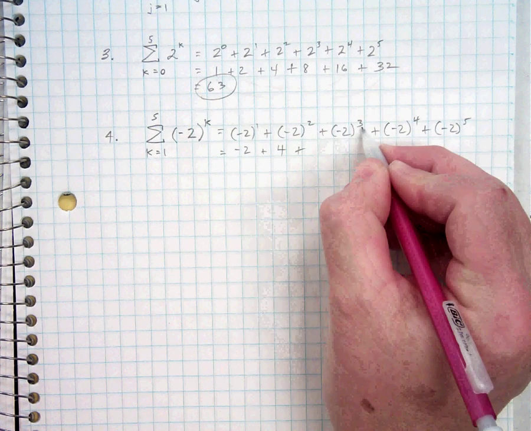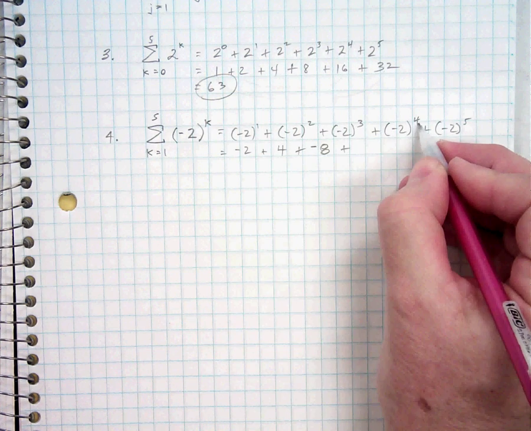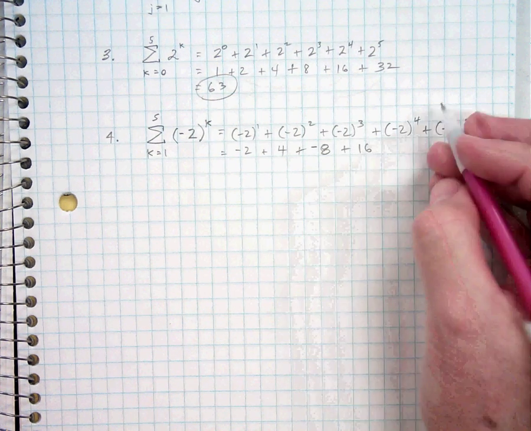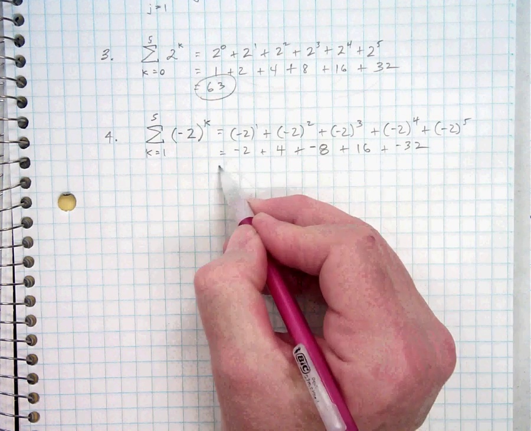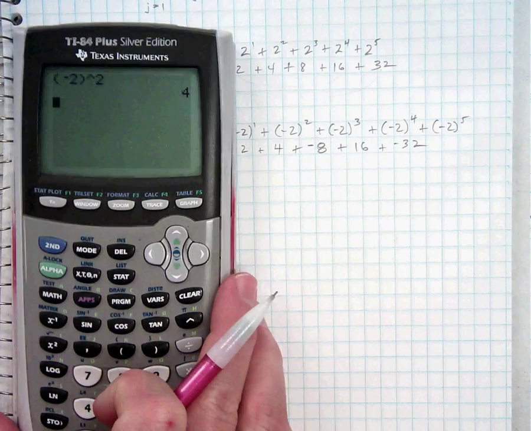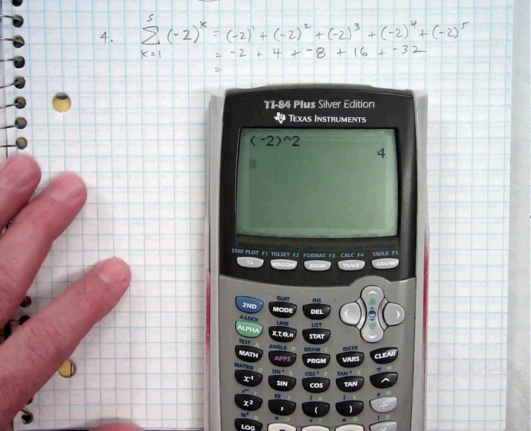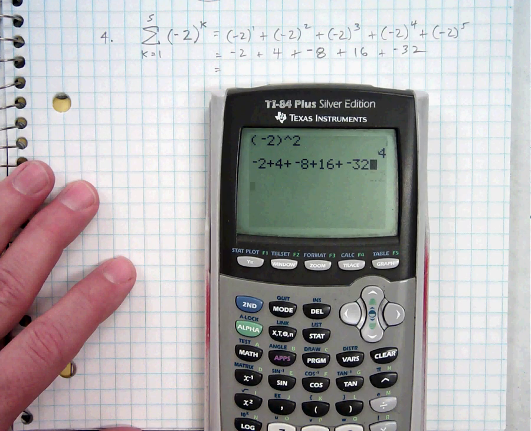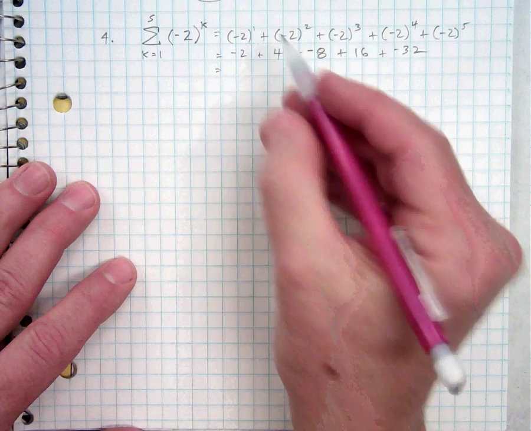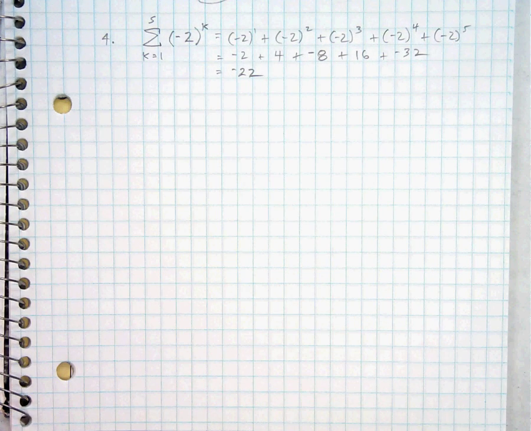This one has an odd exponent, so it's going to be -8. This one has an even exponent, so it's going to be +16. And then -32. Let's go ahead and add these up. -2 plus 4 plus -8 plus 16 plus -32 is -22. Pretty easy, right?